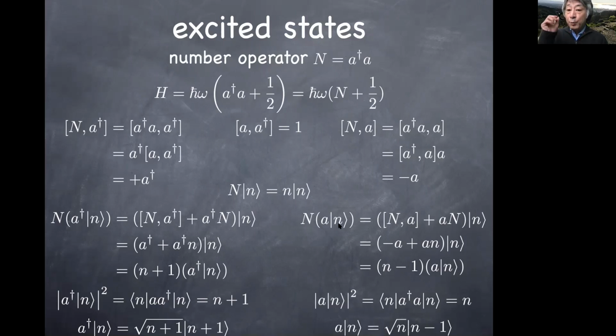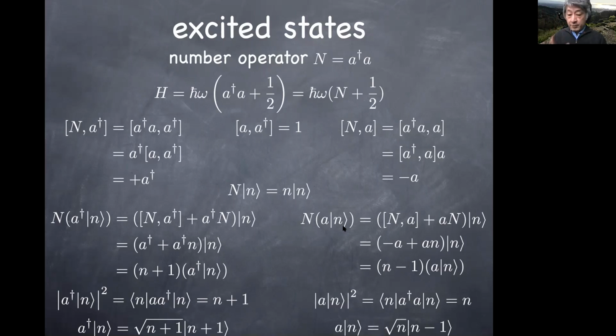So if there were a state, n ket, where n is not an integer, then I can keep acting the A operator on top of it, and eventually I can go from n minus 1, n minus 2, dot, dot, dot, and go to a point where the eigenvalue of the N operator is negative. That's a contradiction because the N operator is supposed to be positive semi-definite.